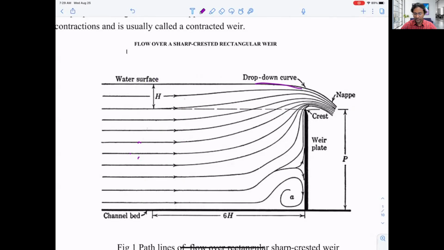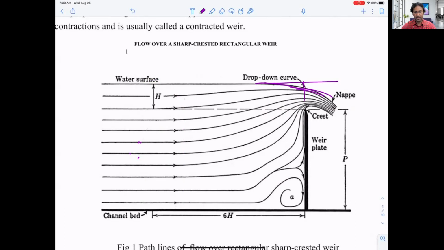And the free surface should be horizontal, right? But actually it is not horizontal after passing that weir. It's converging and going downward. But we're assuming that just over the weir, the streamlines should be parallel and the surface should be horizontal. That is one of the main assumptions.